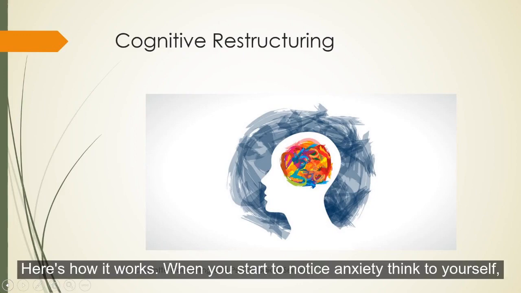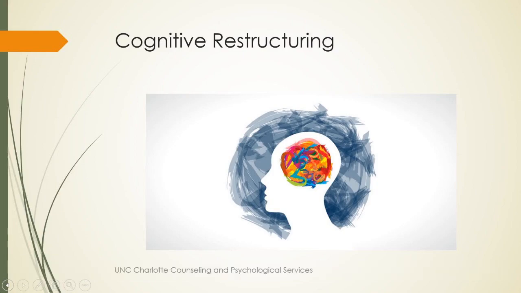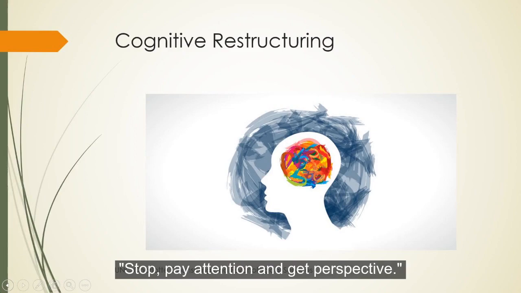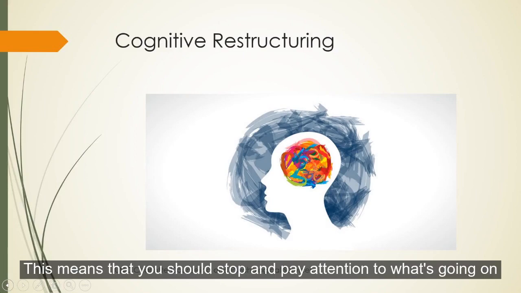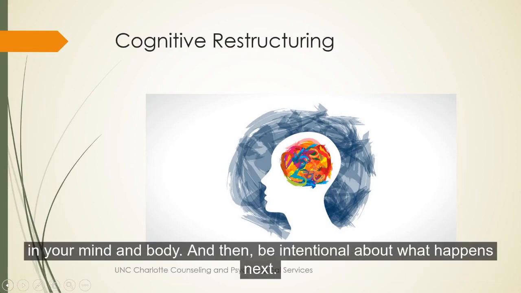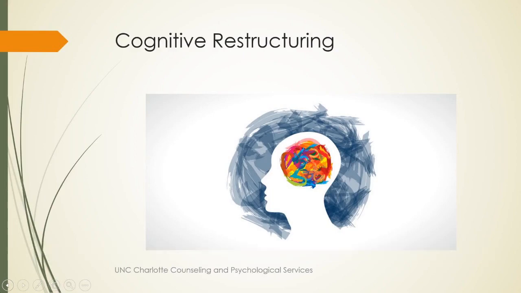Here's how it works. When you start to notice anxiety, think to yourself, stop, pay attention, and get perspective. This means that you should stop and pay attention to what's going on in your mind and body, and then be intentional about what happens next.